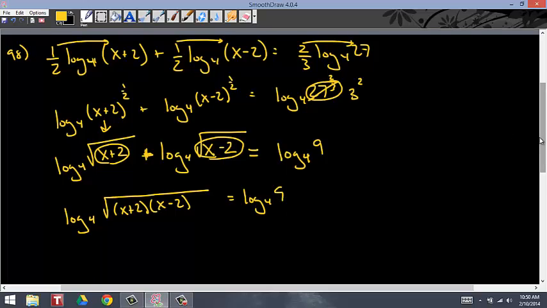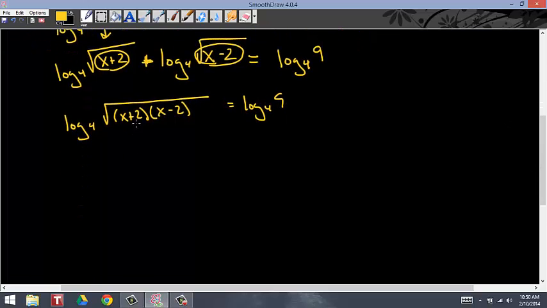Now, in semester long 3-4, they're learning that these are conjugates, which means that I only need to multiply the first and the last. So this is log base 4 of the square root of x squared minus 4 equals log base 4 of 9. Wow, that was a lot of work just to get here.